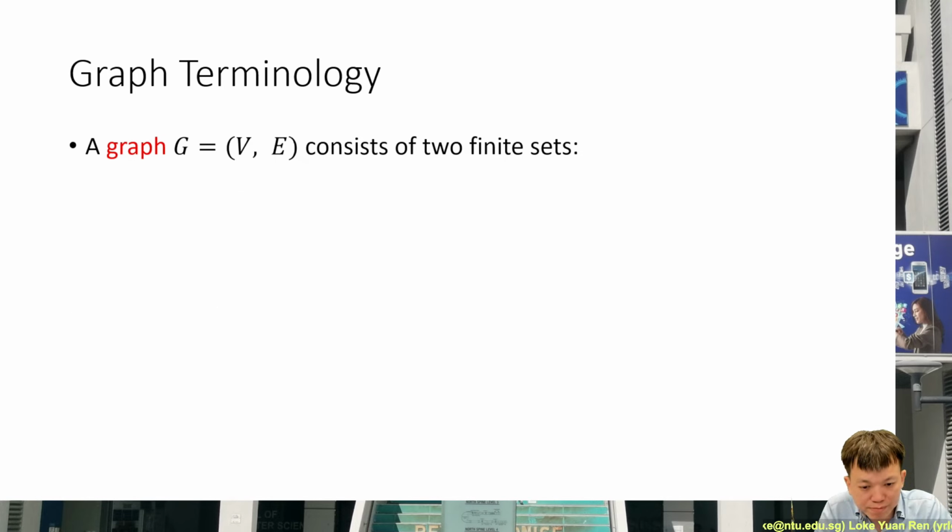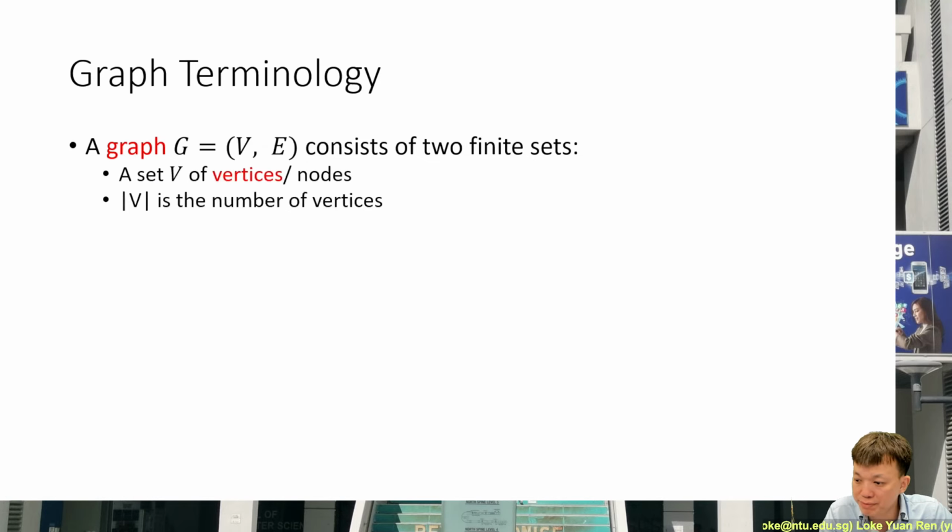So graph, I think you may learn it in discrete mathematics also. Basically it consists of 2 components: one is the vertex, one is the edge, in finite sets. All the algorithms we talk about, the input and output, are finite sets.